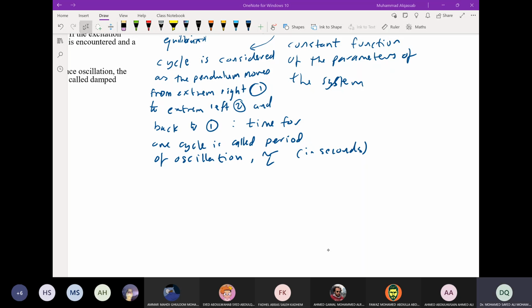Or if the spring mass system is made of 2 springs and 2 masses, let's say K1 M1, K2 M2, then there will be 2 natural frequencies. This is 1 natural frequency here.